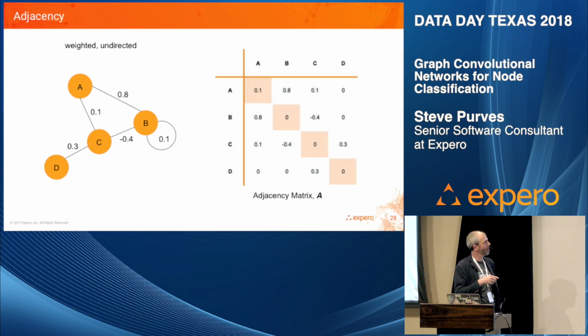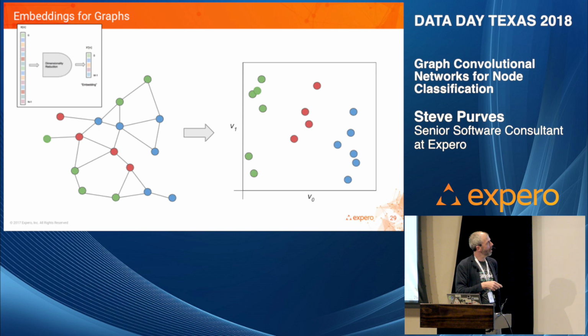So quick example, we've got a weighted undirected graph, and that's its adjacency matrix. And what we want to do is, imagine that's the graph. Sorry, I've moved my slides back and forward. Imagine that's the graph.